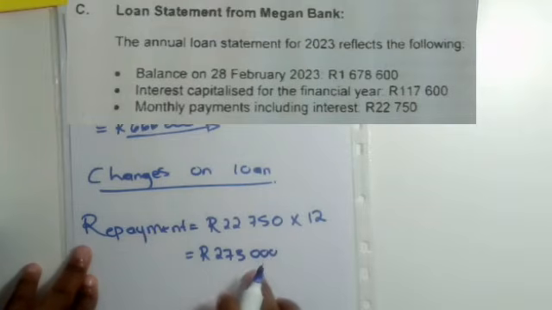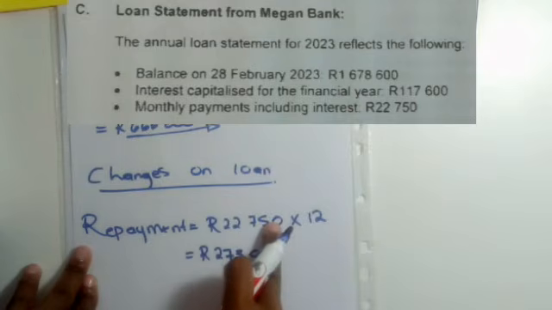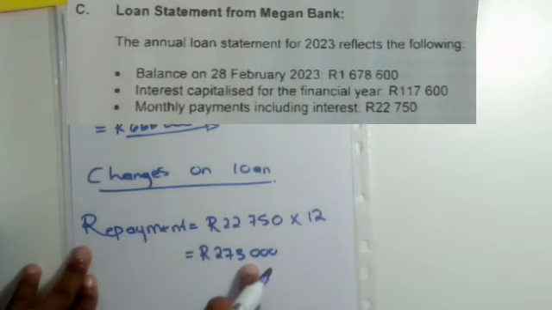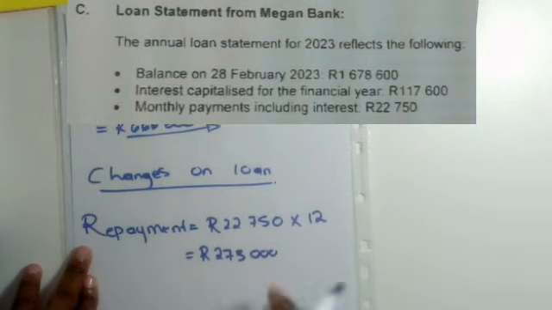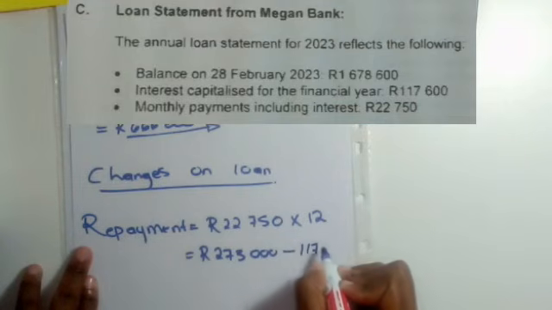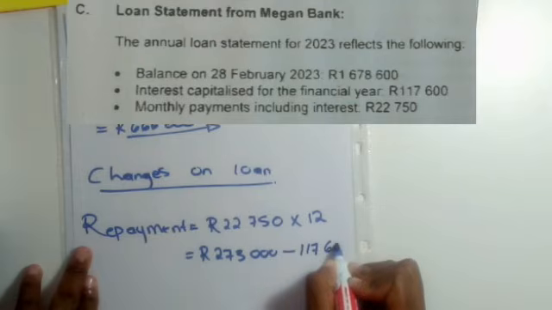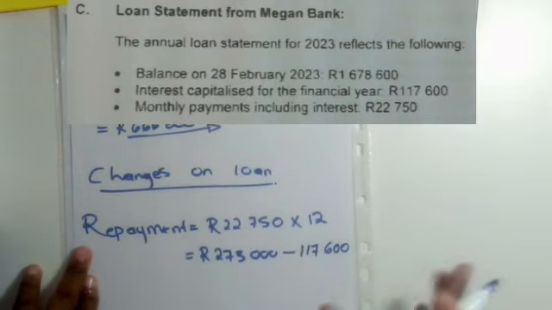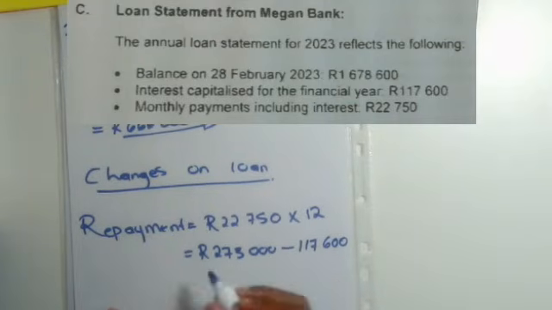However, remember that this amount was including interest, so that means that this amount includes interest. And since we have already recorded interest in our operating activities, I need to make sure that I take it out of here so that I avoid double accounting. So I'm going to just take out the interest. The interest was already annual, so just take out the 117,600.